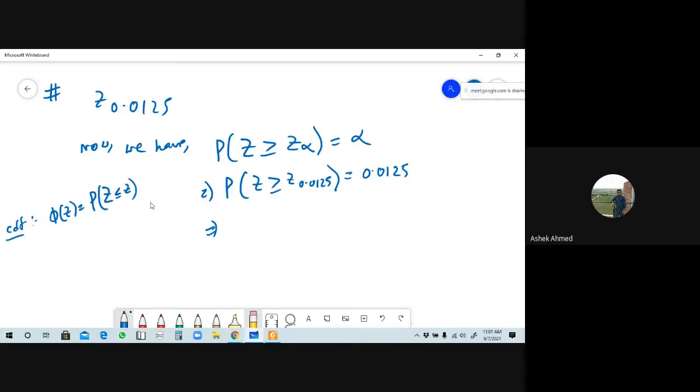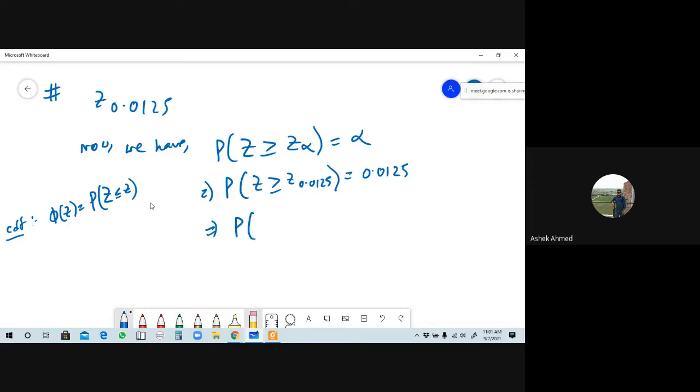But this is a greater than or equal to, so you have to convert this into less than form. How can you convert this? If you multiply both sides by -1, the greater than becomes less than. Do you understand? Response me.